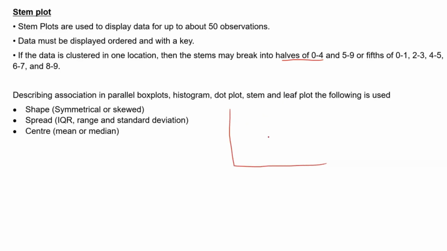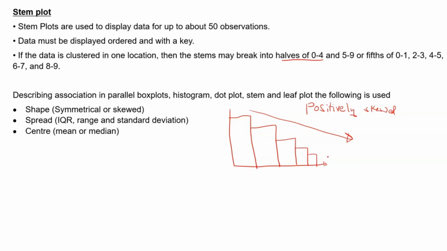Let's say the data is trailing towards the right-hand side. This is positively skewed. If it's trailing towards the left-hand side, that's negatively skewed.